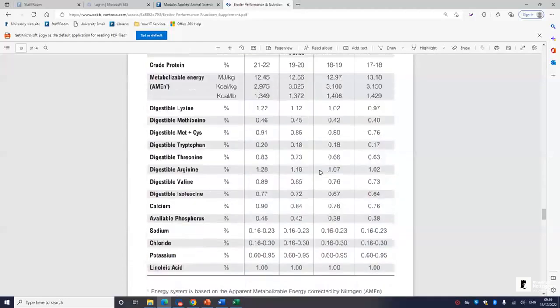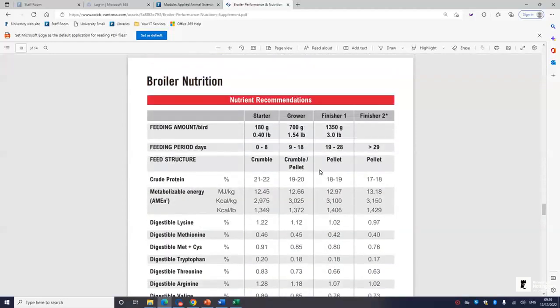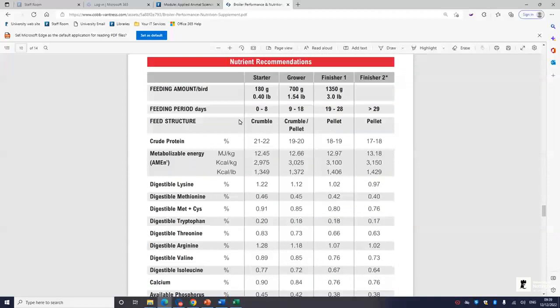And then, obviously, I expect to see, okay, nutritional recommendation. Here it is saying broiler starter, the animal should be fed 180 gram averagely. If the animals are fed crumble diet, metabolizable energy is 12.45. In kilocalories it is 2,975.